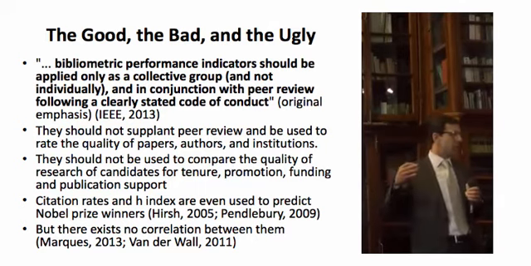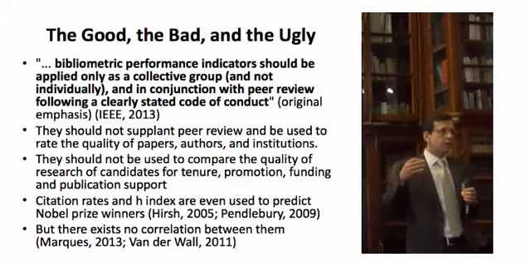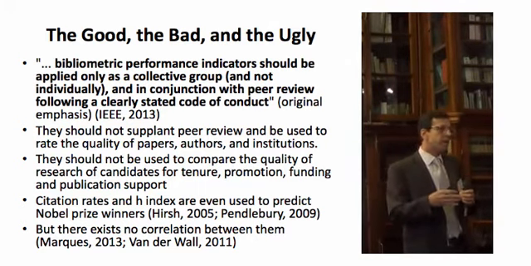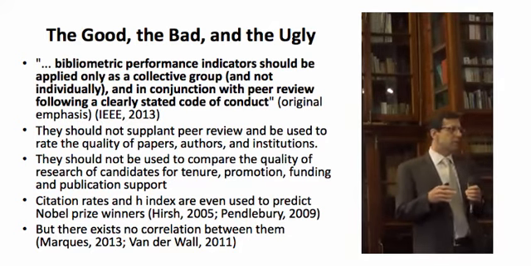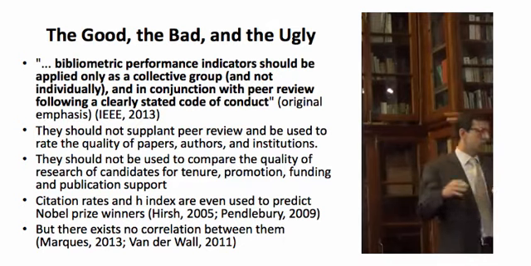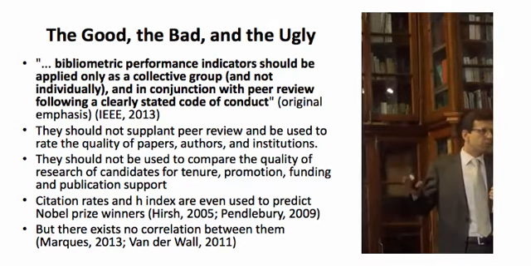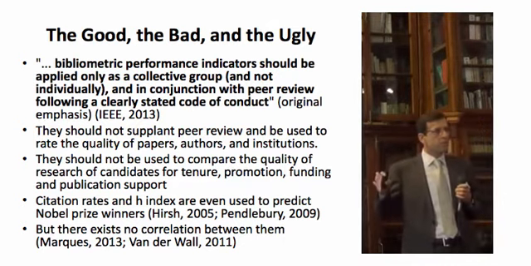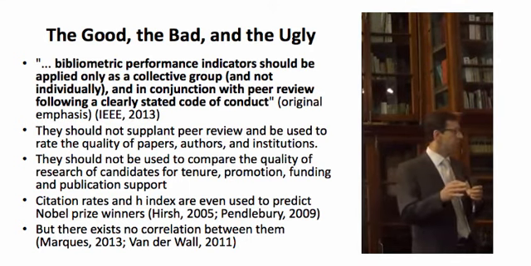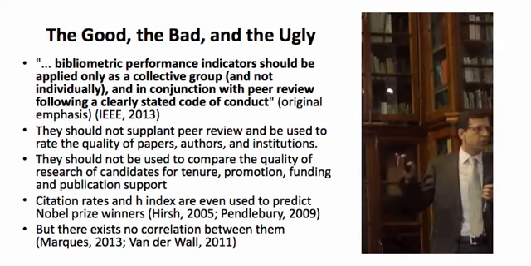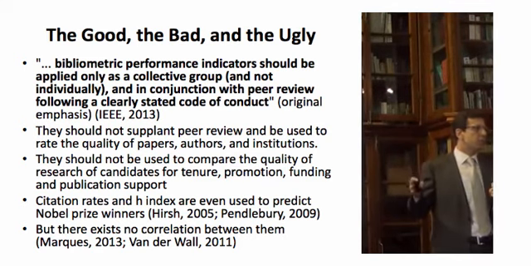This is the good, I guess, because right now there are countries where they don't base their research assessments solely on scientometric and bibliometric measures, but they do support their peer review with such measures. That's the way it should be.